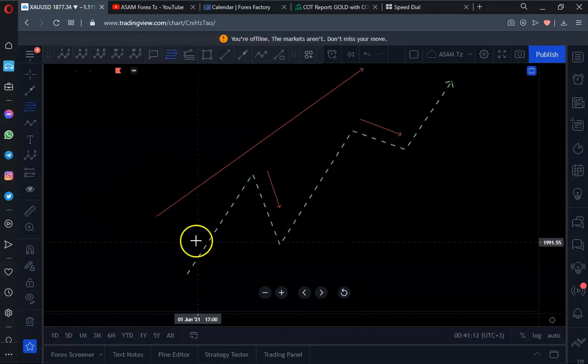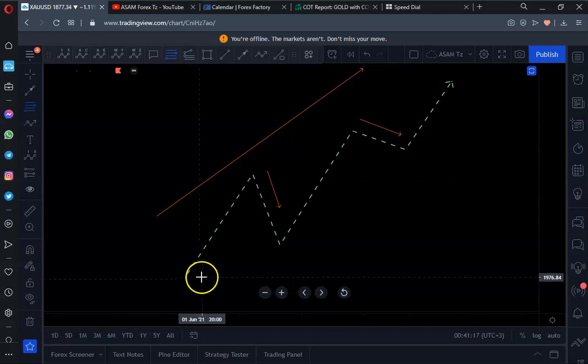Now I have said that in an uptrend, retracement is obtained by taking the prior low to the high.